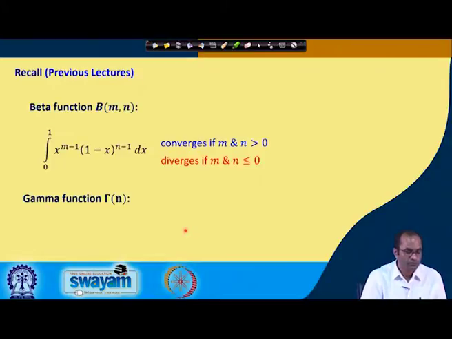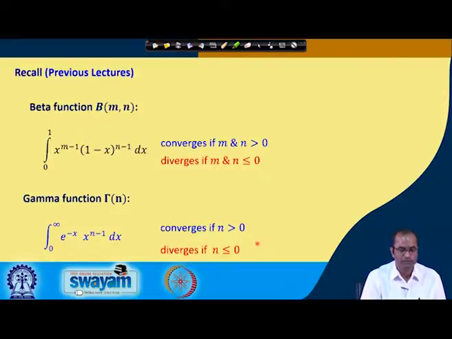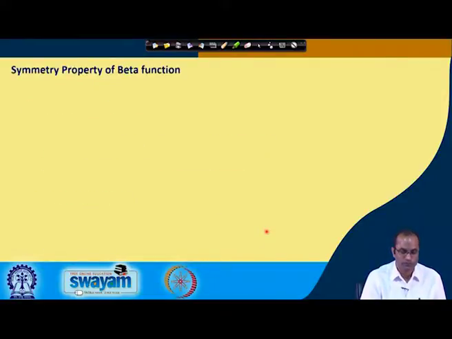We have also seen for the gamma function, this mixed type of improper integral from 0 to infinity of e to the power minus x times x to the power n minus 1 dx, converges if n is strictly greater than 0 and diverges when n is less than or equal to 0.